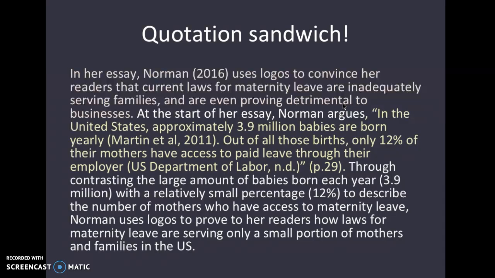Out of all those births, only 12% of their mothers have access to paid leave through their employer. Through contrasting the large amount of babies born each year, 3.9 million, with a relatively small percentage, 12%, to describe the number of mothers who have access to maternity leave, Norman uses logos to prove to her readers how laws for maternity leave are serving only a small portion of mothers and families in the U.S.